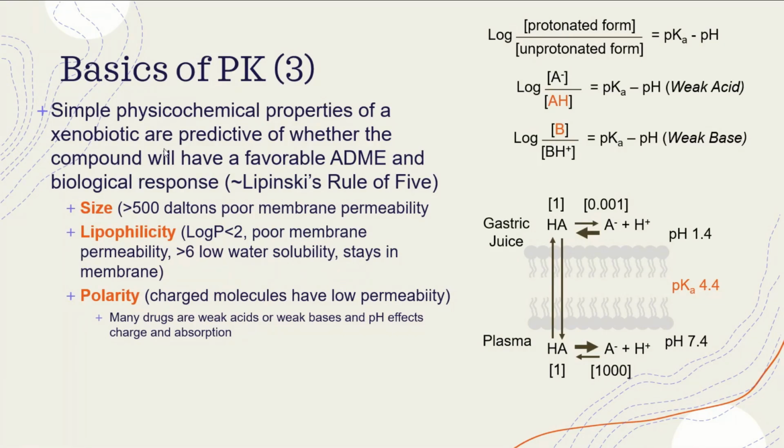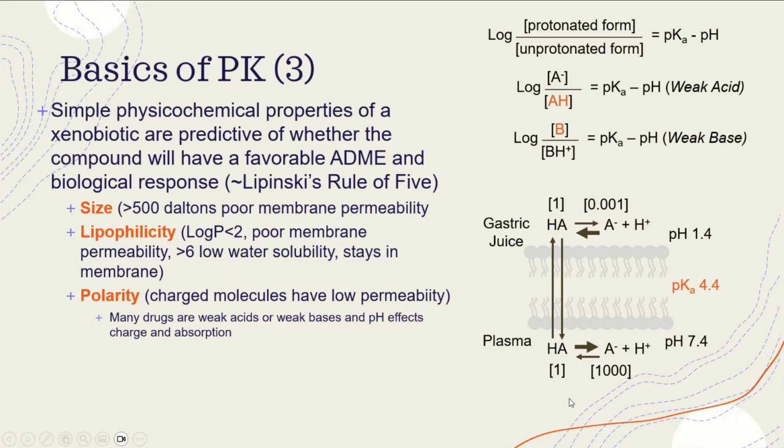And of course, polarity has a lot to do with lipophilicity, but keep in mind that the charge state of a chemical can change based on pH. And this is because many of our drugs are either weak acids or weak bases. And so depending on the pH, it can change their polarity. And when you're talking about a weak acid or weak base, looking at the standard Henderson-Hasselbalch equation is very informative to say which direction or if your drug is going to be able to cross membranes.